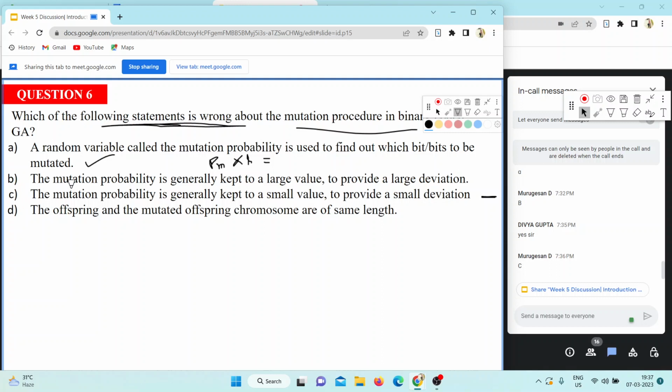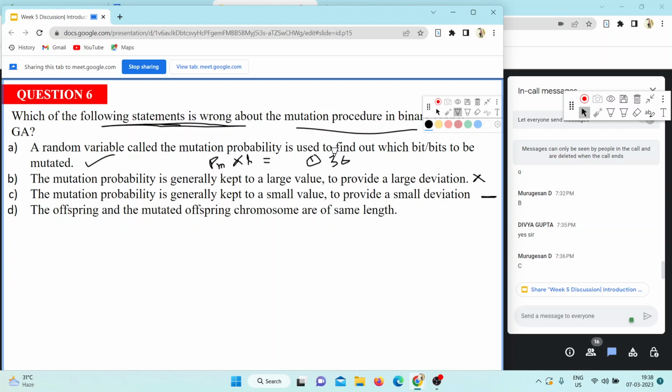So B, the mutation probability is generally kept to a large value to provide large deviation. This is actually incorrect, because last class also I told you the mutation probability is kept at a very small value. Like in the previous class we mutated 1 out of 36 bits.